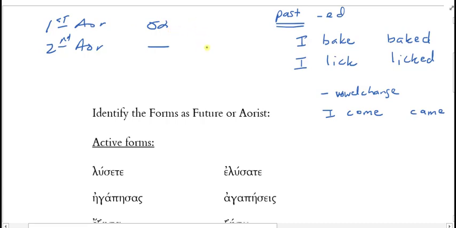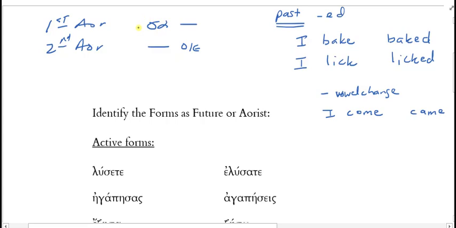They use the same personal endings, the secondary endings. But it's the fact that we have different tense formatives. And since sigma alpha has a vowel at the end of it, there's no connecting vowel. Whereas for the second aorist, since we're not using a tense formative, we do use connecting vowels. So that's going to be the main difference.